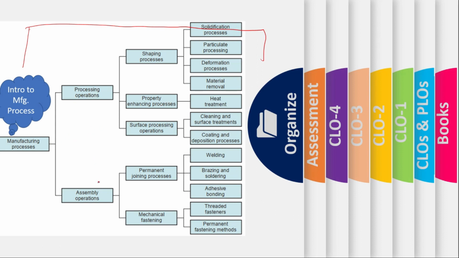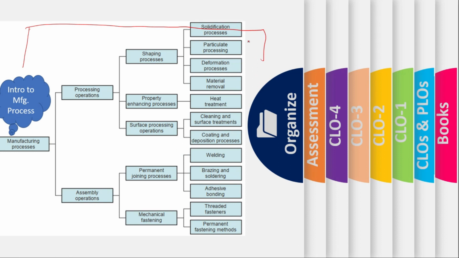It has 2 subtypes: the processing operation, in which we get the initial shape of the part, and the assembly operation, in which we have multiple parts which are already ready, then they are assembled together. In the processing operation, we have the type in which we give the shape to the material, the type in which we enhance the properties of that already produced material or part, and the process in which we only alter the surface of that manufactured part.